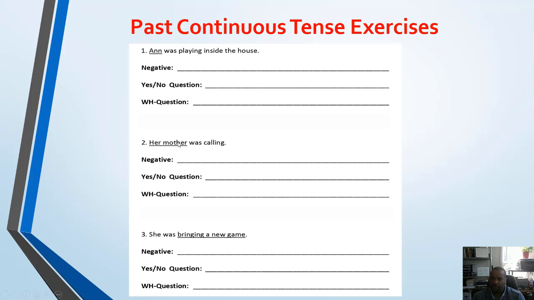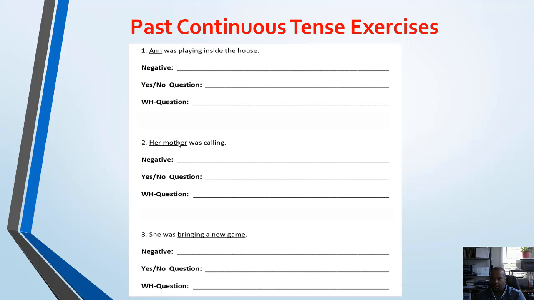Okay, so let's look at our sentences. Here's our exercise, 1, 2, and 3. The first sentence is, Anne was playing inside the house. Number 2, her mother was calling. Number 3, she was bringing a new game.